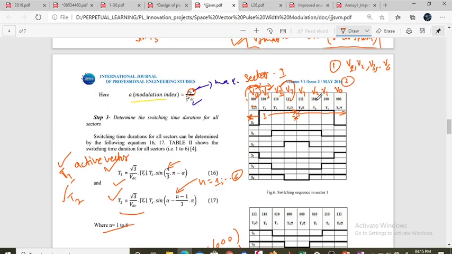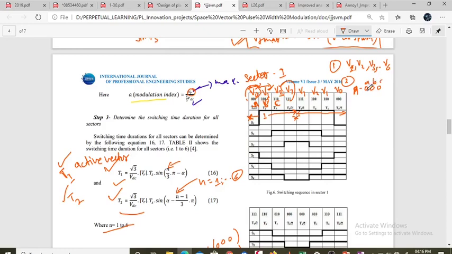The second point, which is very important, is that only one phase must switch for a state transition. Let me name these capital A, capital B and capital C, while small a, small b, small c are the phase values.